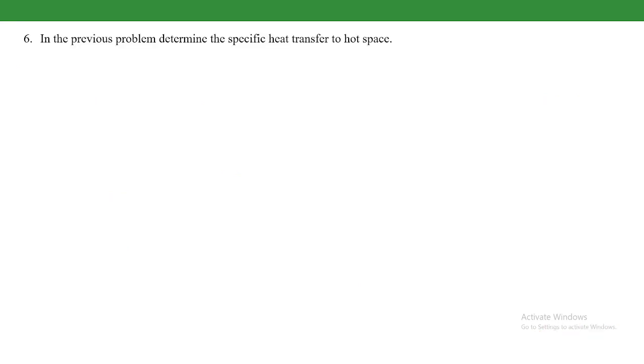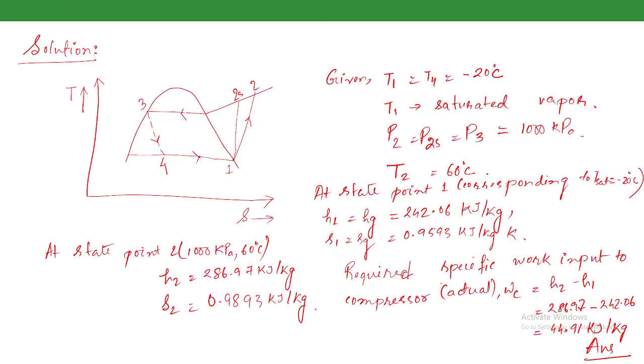Now in the previous problem, what is the specific heat transfer to the hot place? The hot place is the condenser. Okay, so what is the specific heat transfer to the hot place? What is the specific heat rejection in the condenser?